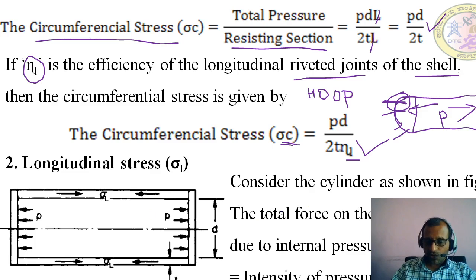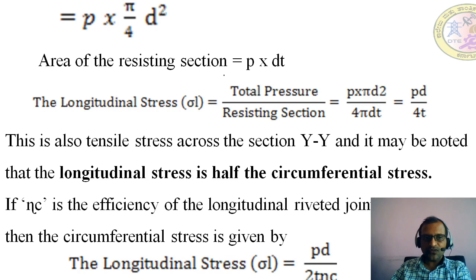So this is also due to internal pressure, and in the same way I am going to calculate now the intensity of pressure into area. Intensity of pressure is P again here, but the area is pi by 4 into d square. So pi by 4 into d square is the area in case of longitudinal stress now. See, it is P into pi by 4 d square.